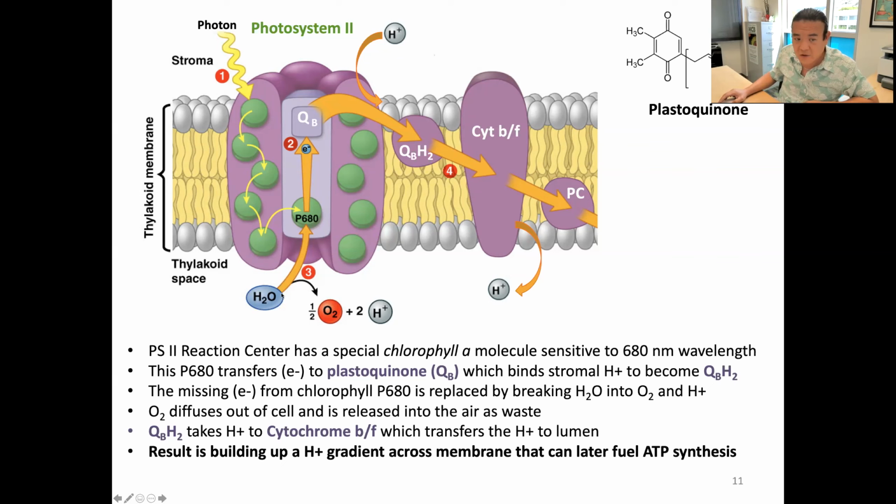So a molecule of water is broken to replenish the pair of electrons that this P680 molecule of chlorophyll basically coughed up. And so that's why you constantly have water being broken here, releasing O2 as a waste product that goes away, and that keeps the steady supply of electrons going through this P680 molecule.